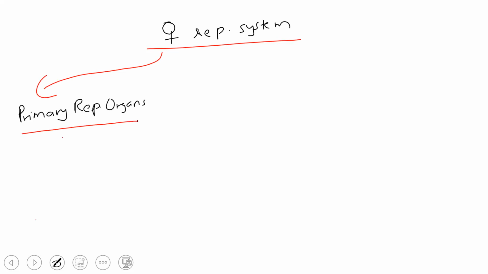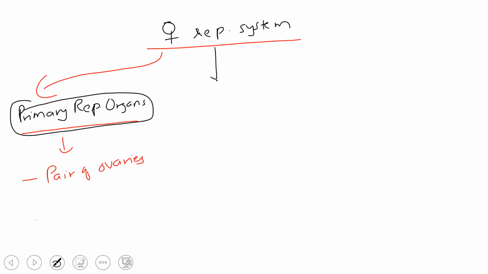Just like male, the female primary reproductive organ will be a pair of ovaries. Then this is the first. Then second, the secondary thing will be all the accessory ducts.